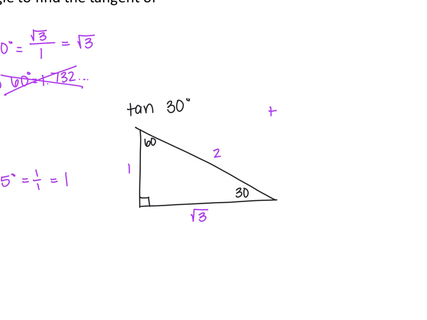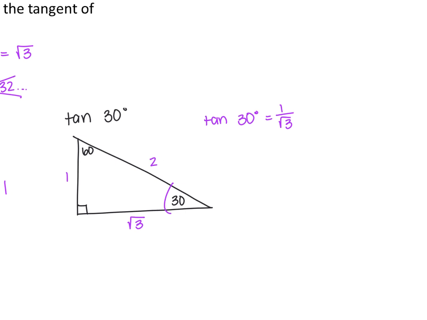Looking at tan 30, what's opposite to angle 30? 1. And what's adjacent to angle 30? Square root of 3. Can I have a square root as my denominator? No. So I need to multiply. Oops, not 2. That should be 3.